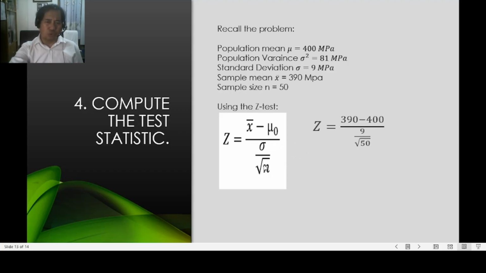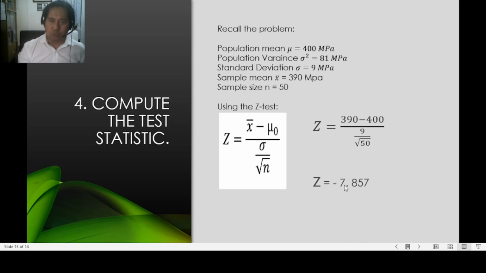Standard deviation over the square root of n, get the reciprocal, proceed to multiplication, and so it will give you that kind of equation. Now after substituting, 390 minus 400 is the same as negative 10 divided by 9, and of course multiplied by the square root of 50.